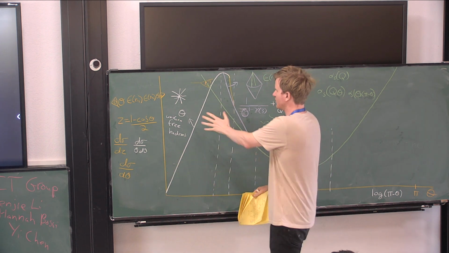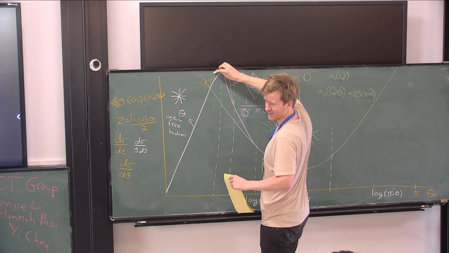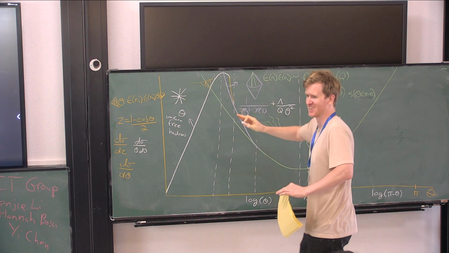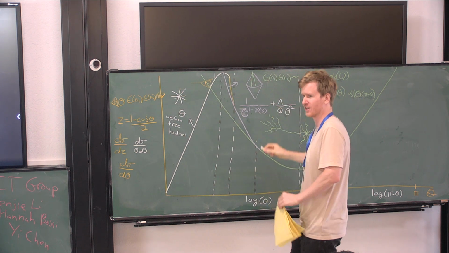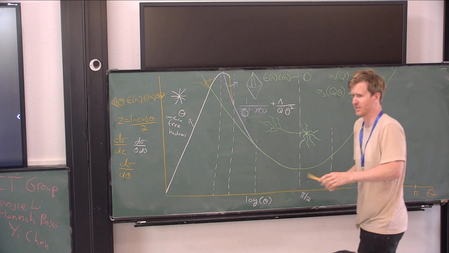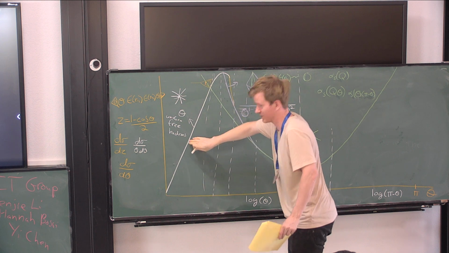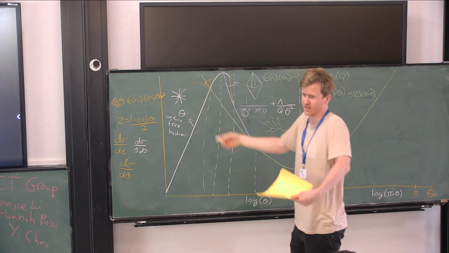And so your prediction for the final ones actually goes the wrong way on this side. It goes up, whereas this one turns over. This is because the multiplicity is being produced as you go along. And so on this side you can understand it as just free hadrons, you can calculate it as just a free theory.